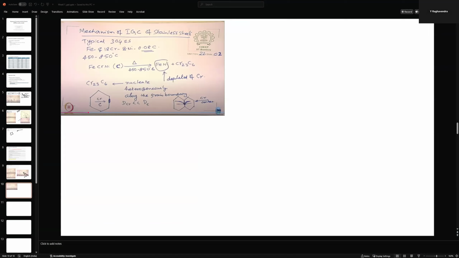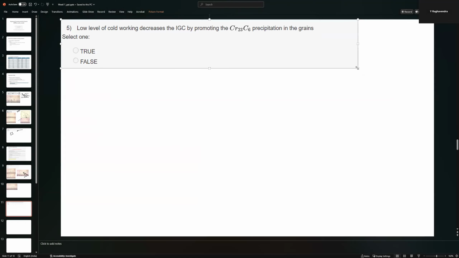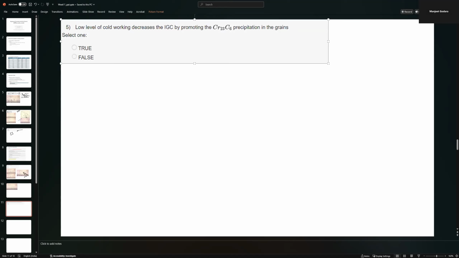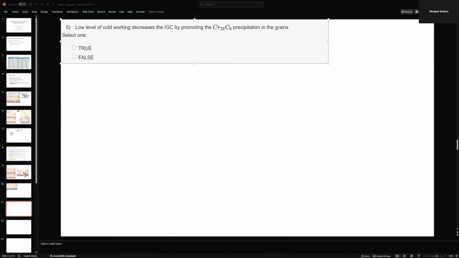Even with low level cold working I got the answer good. Let me just pull up the slide. The question: Cr23C6 will form inside the grains.